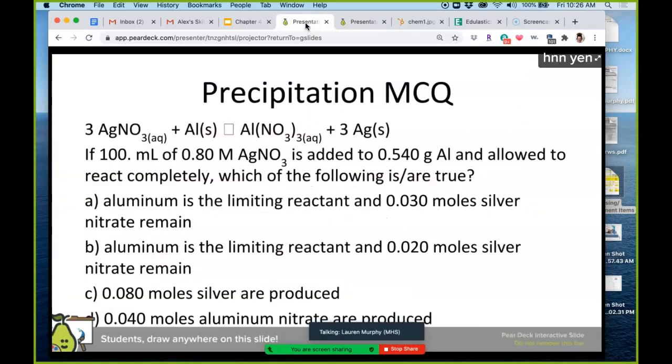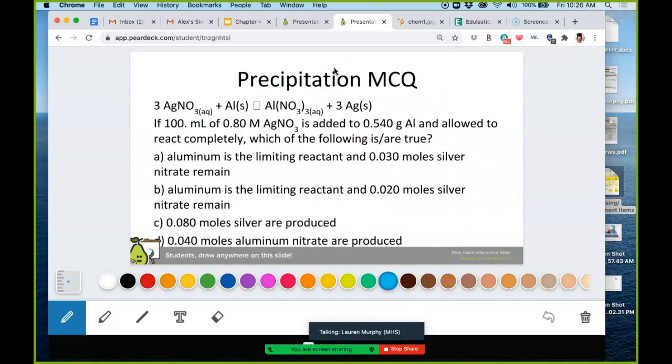Okay. All right, so guess what? You're going to do a precipitation multiple choice question, limiting reactant problem without a calculator. How crazy is that? Okay, so I give you the balanced reaction, and then the problem gives you molarity and volume of silver nitrate and 0.540 grams of aluminum.